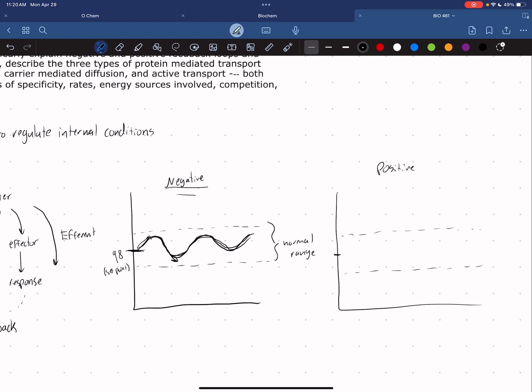We know that oxytocin levels in the body will fluctuate like this, but when a woman goes into labor, there is more oxytocin produced, which will continue the muscle contractions in order to push the baby out while the mother is giving birth. So this action right here of the levels going continually further away from this set point right here is what's known as positive feedback.